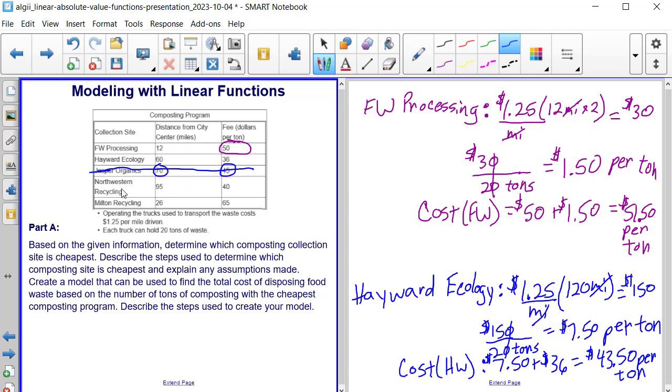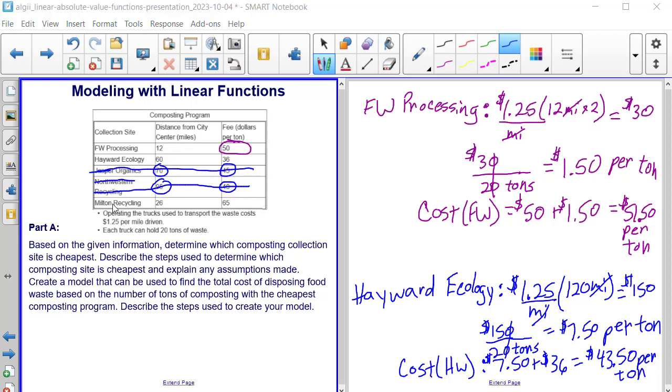Similar to Jasper Organics, Northwestern Recycling is also a greater distance away than Hayward Ecology, and their initial fee, 40, is also greater than 36. So because of the same analysis, we can cross off Northwestern Recycling because it will not be the cheapest.